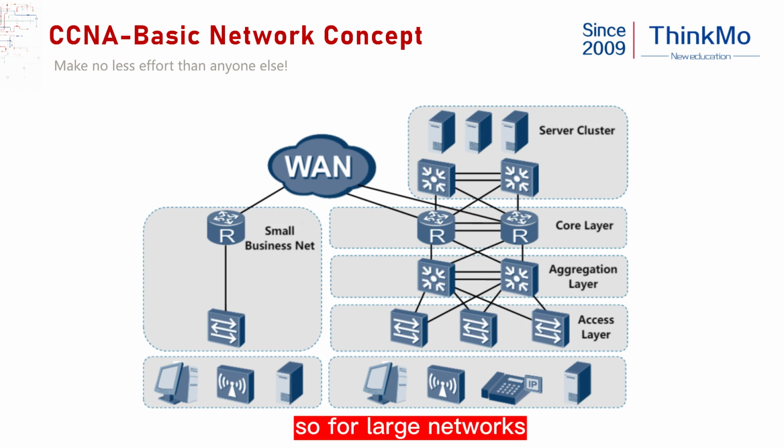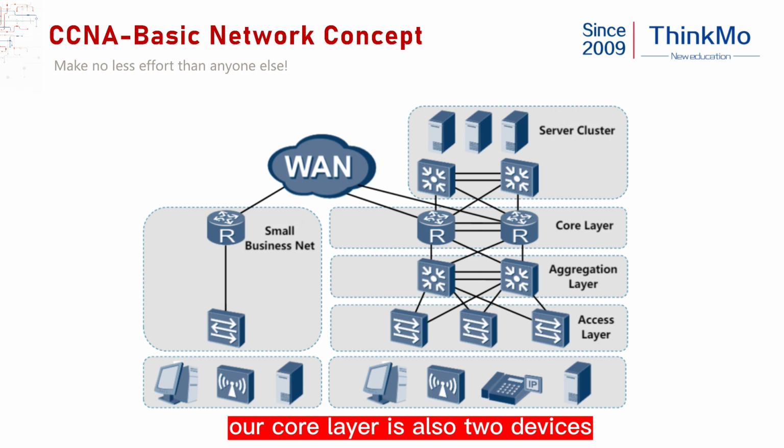So for large networks, it actually does better. The first point we call redundancy. What is redundancy? You can see each aggregation layer has two devices. Is every device at the access layer connected to both? It is equivalent to this: if a device hangs, I can still go this way in the future.